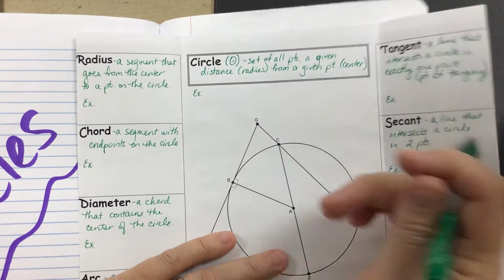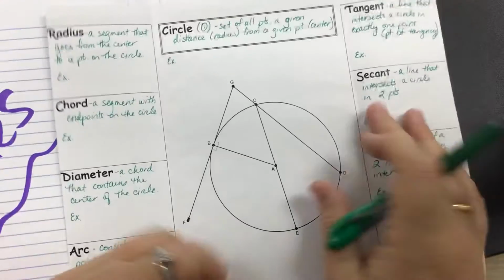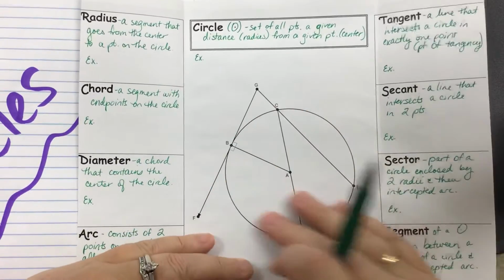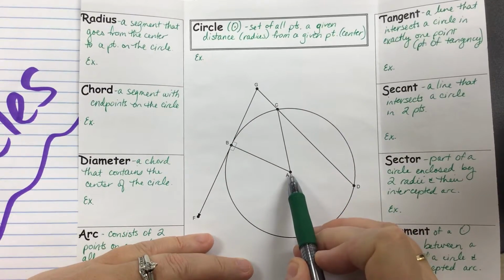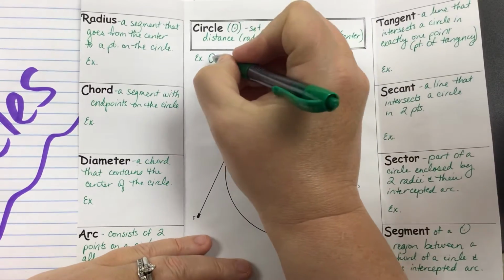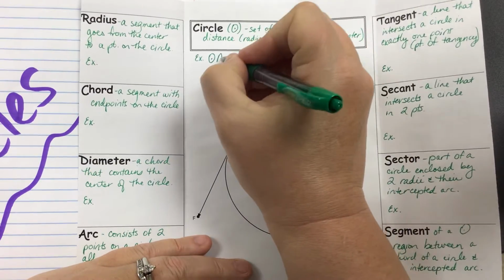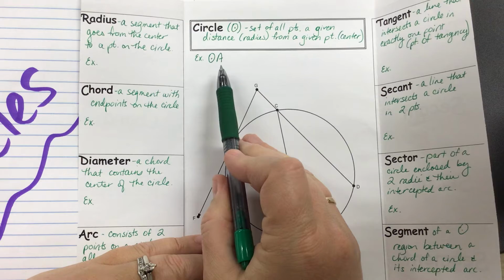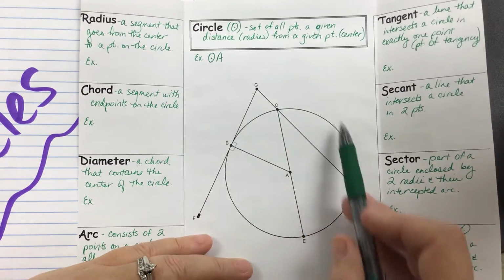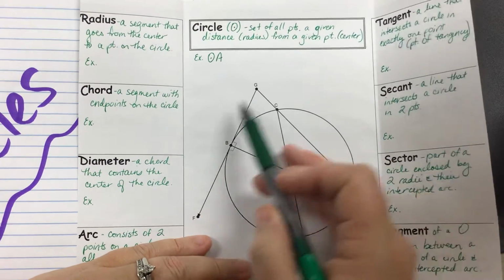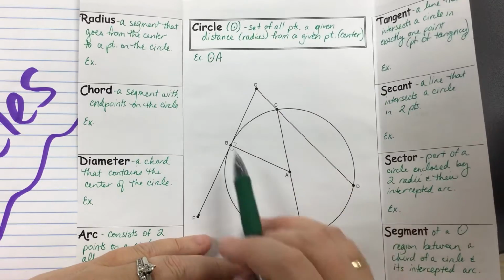Then you name a circle by the center of the circle. In this example in the middle, the center of the circle is A. You put the circle symbol and you put the center. So this whole circle here would be circle A.